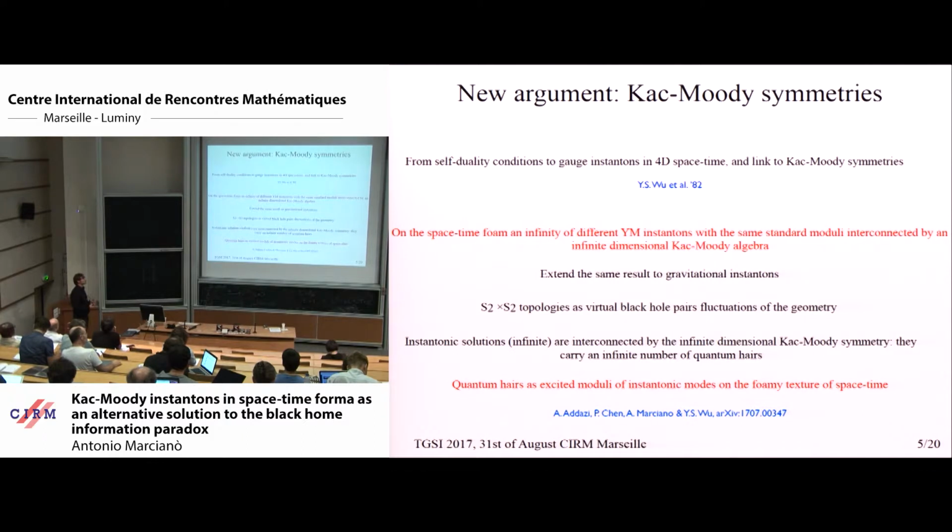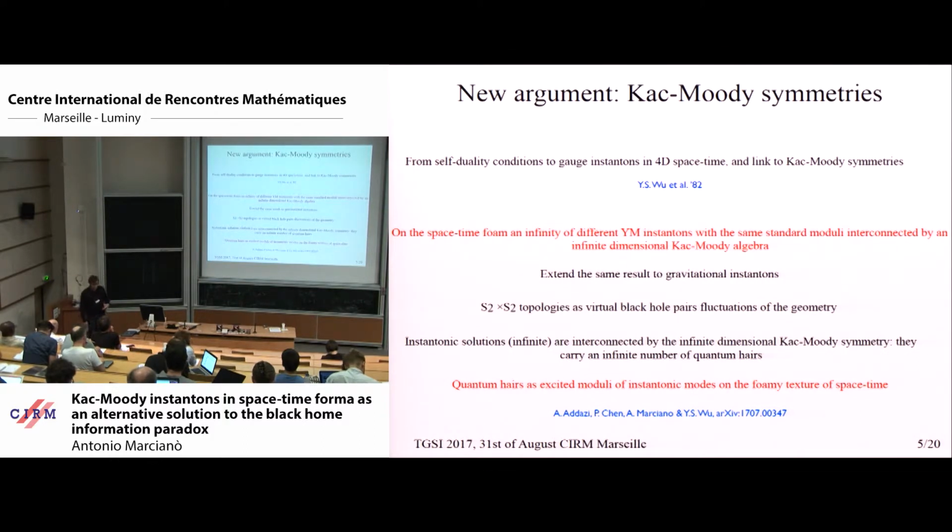So a possibility is to come back to work that has been done in the past, in the 80s. We're coming back to work by Veneziano, but also by Yongshu in particular, that has to do with the existence of solutions, which are instantonic solutions for a Yang-Mills field on four-dimensional space-time.